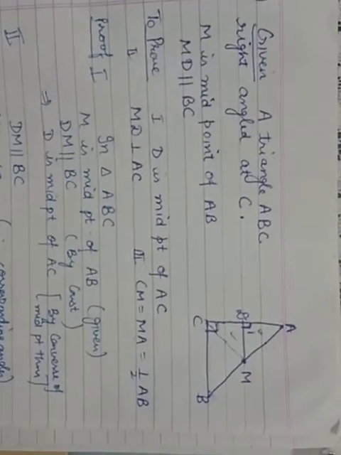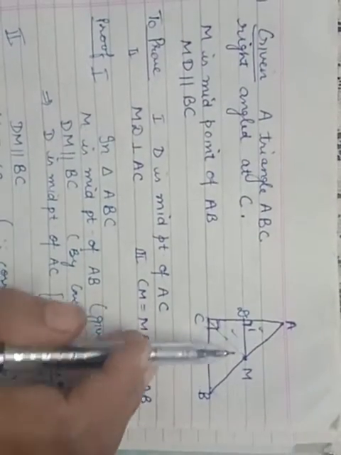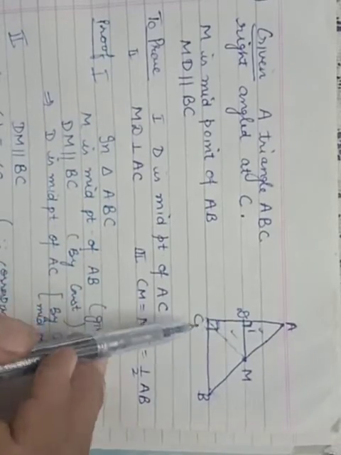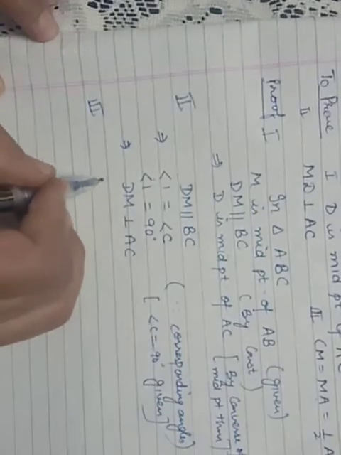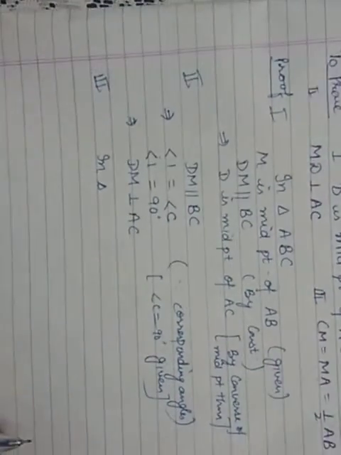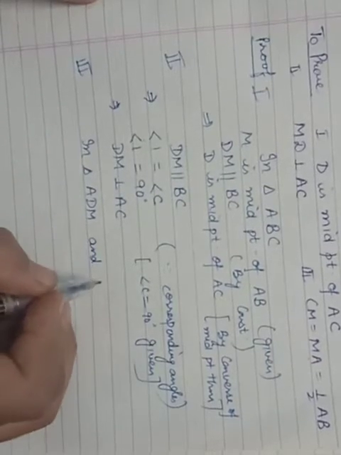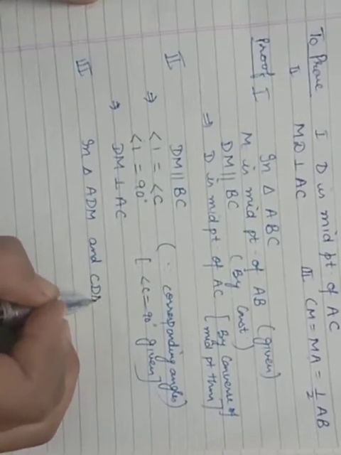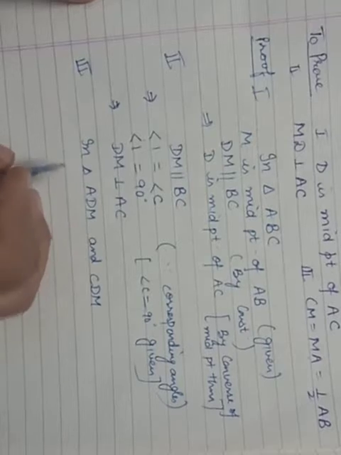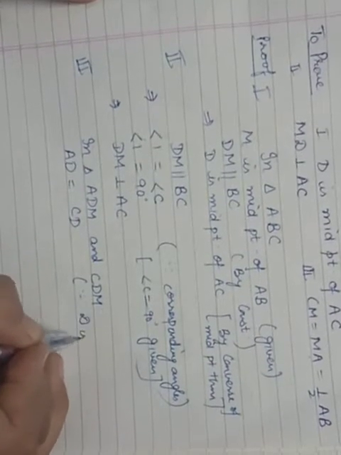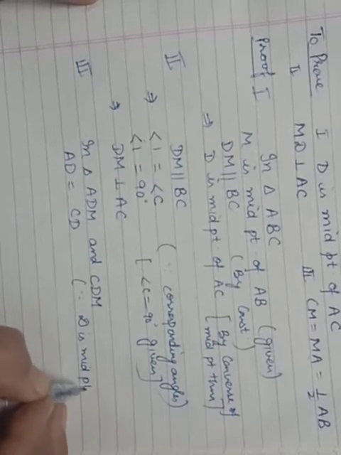So let us take these two triangles, triangle ADM and triangle CDM. In both these triangles, AD is equal to CD because D is the midpoint.